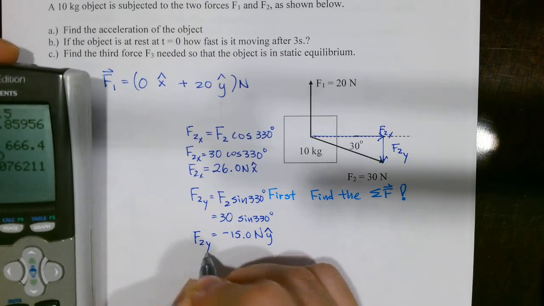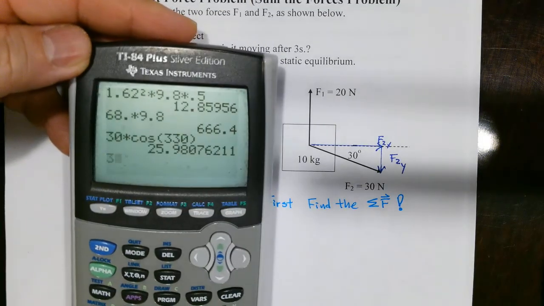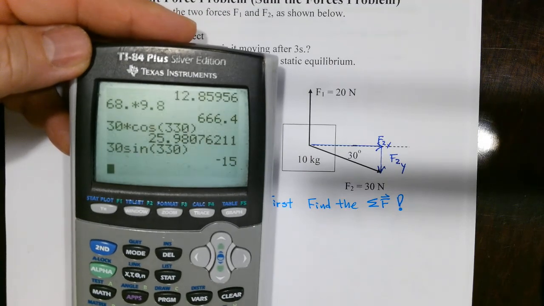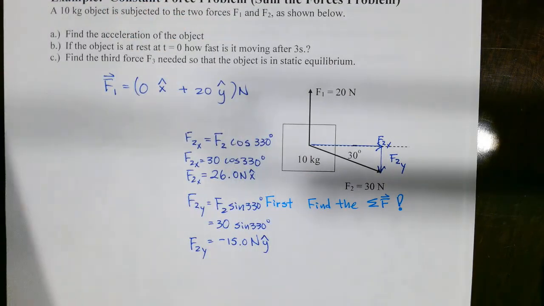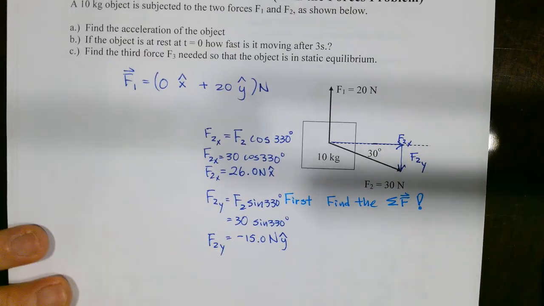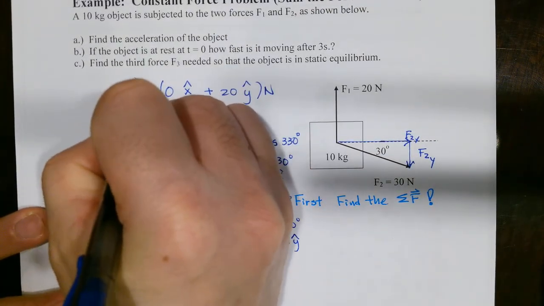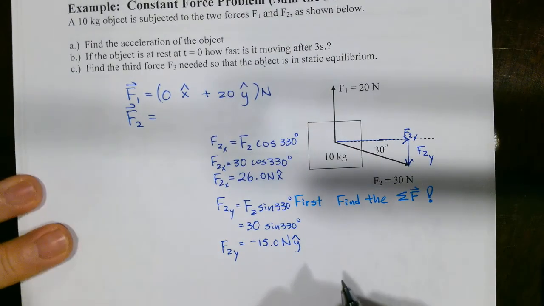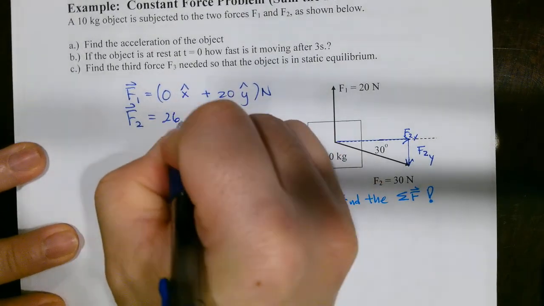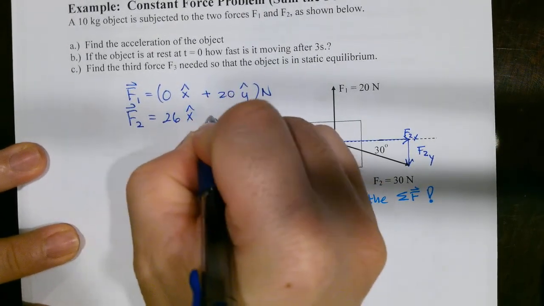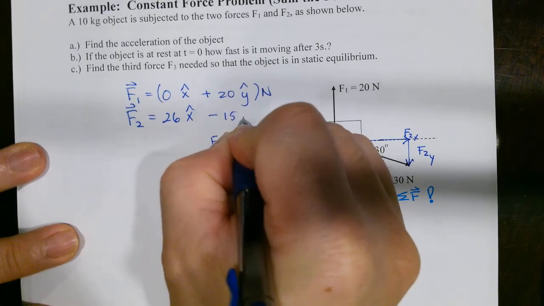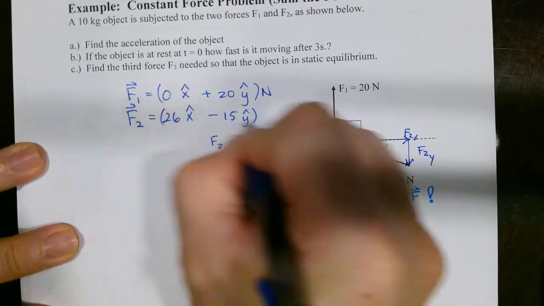You could fact check me, right? So 30 times sine of 330, and I get, boom, negative 15. All right, so my f2 is equal to 26 x hat minus 15 y hat newtons.